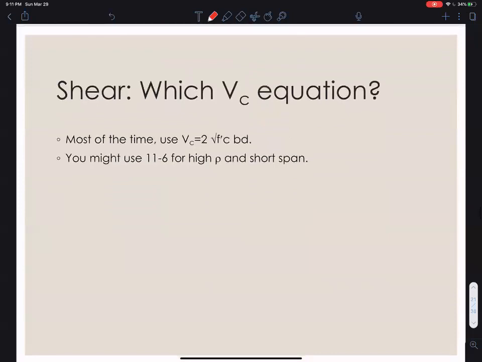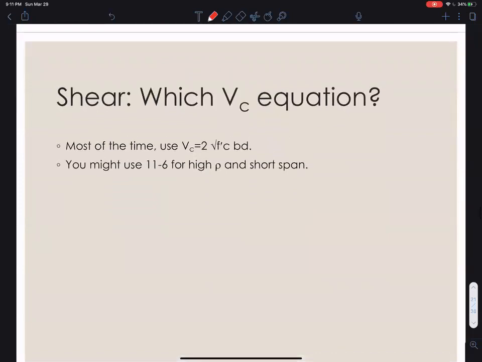So which equation are we going to use? Maybe we'll use this 2 root f'c. And oh, this is an old slide, sorry.